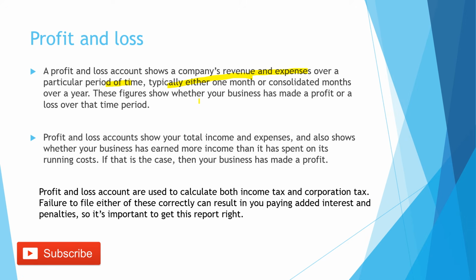These figures show whether your business has made a profit or a loss over that period of time. Profit and loss accounts show your total income and expenses, and also whether your business has earned more income than it has spent on its running costs. If that is the case, then the business has made a profit.